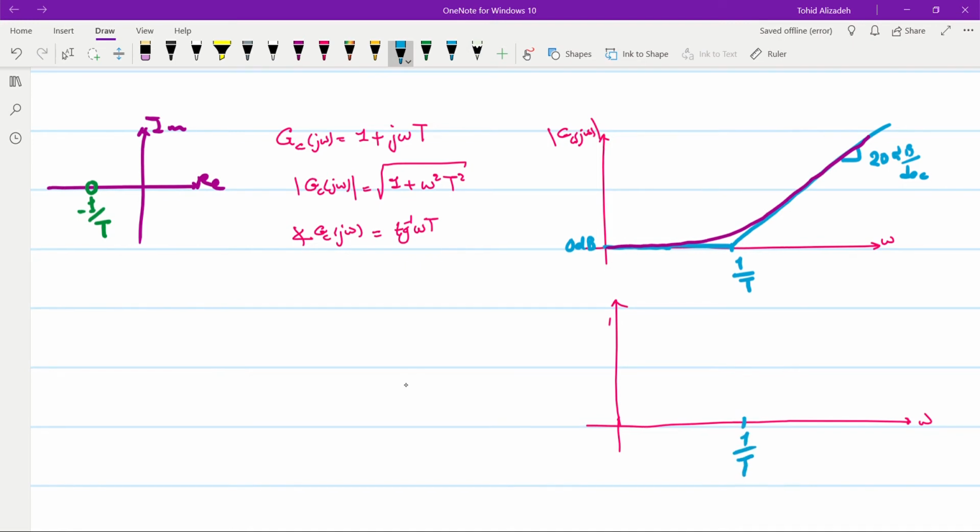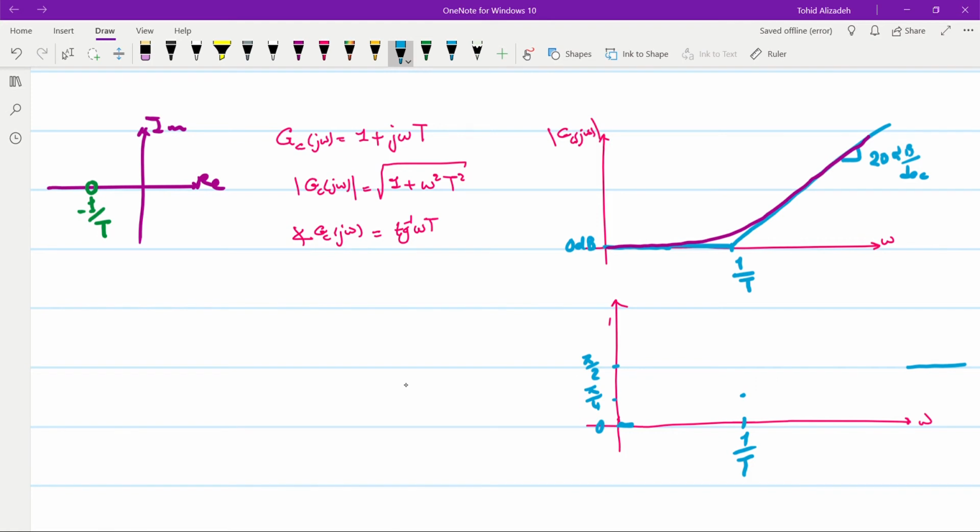In terms of the phase, we have 0 at low frequencies. At the corner frequency, we will have pi over 4. When omega approaches infinity, we'll have pi over 2. And at very low frequencies, we'll have 0 degrees or 0 radian.